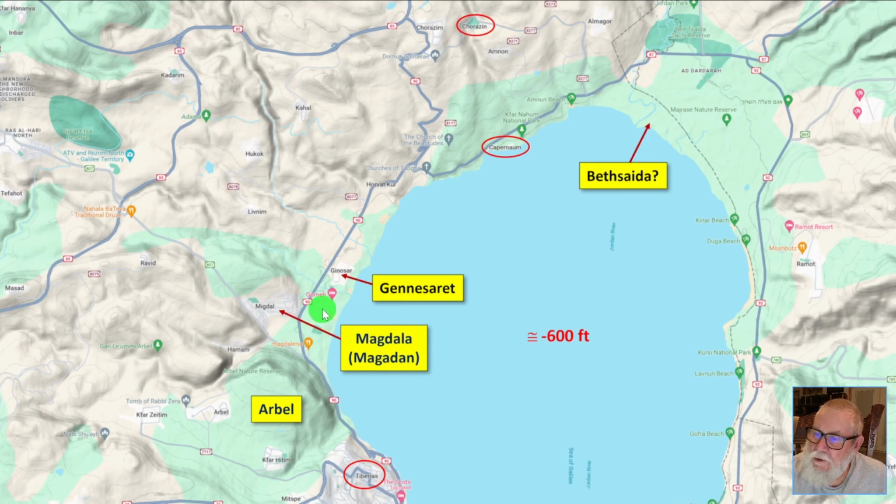And then just north of Migdal or Magdala is this city called Ginosar. It's a kibbutz city. And in the Bible, that was known as Gennesaret. It was a flat plain area, and that is where Jesus and his disciples landed as they were returning from the feeding of the 5,000.